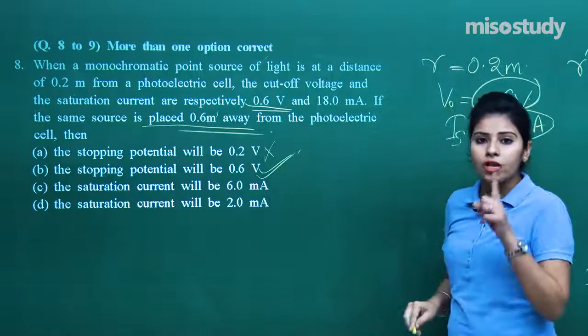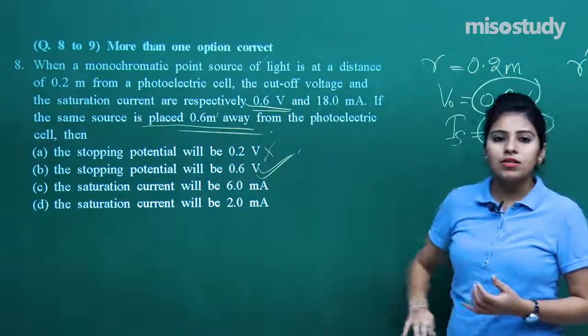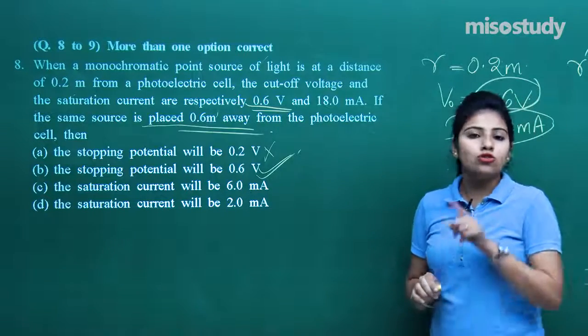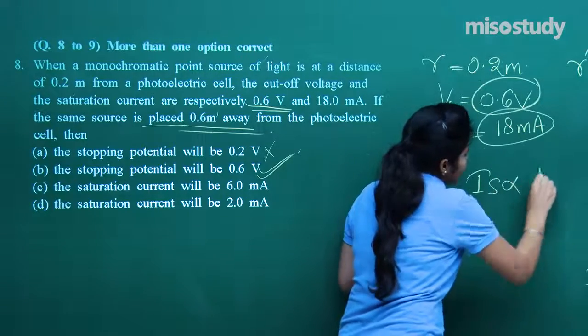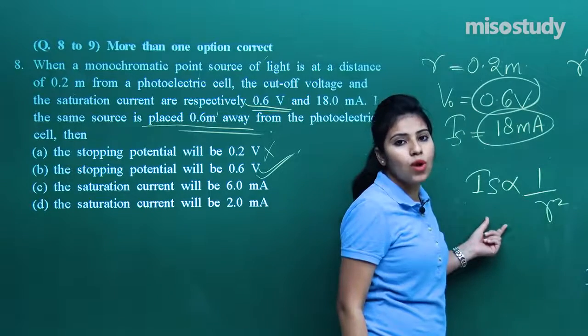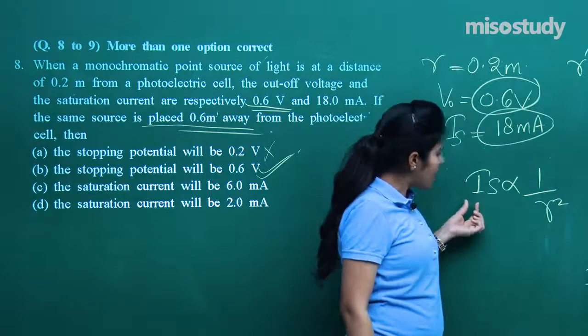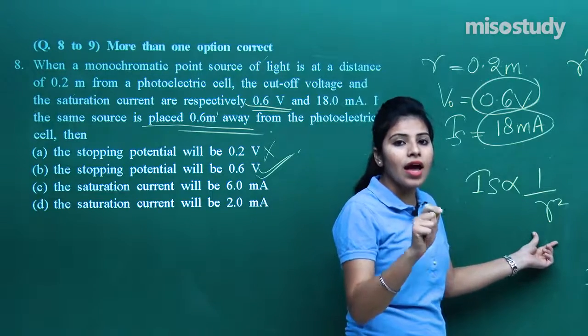Now, this was for the stopping potential. Let me speak about the saturation current. You should remember that the saturation current is inversely proportional to R squared.